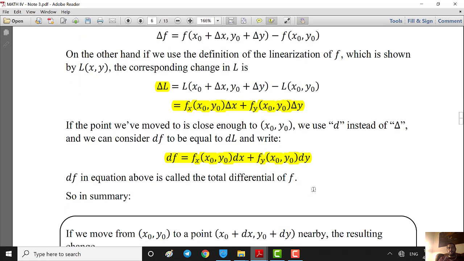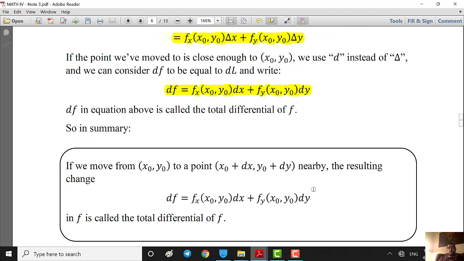So in summary, if we move from the point (x0, y0) to a nearby point, which we call (x0 plus delta x, y0 plus delta y), then the resulting change df equals ∂f/∂x at (x0, y0) dx plus ∂f/∂y at (x0, y0) dy. This amount of change in f is called the total differential of f. Okay?